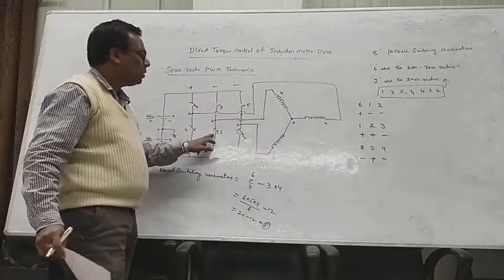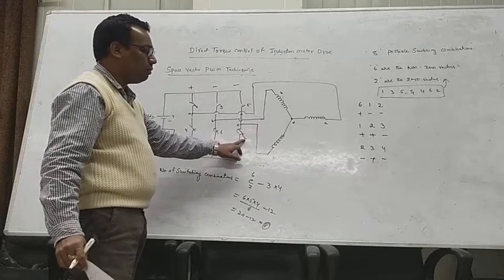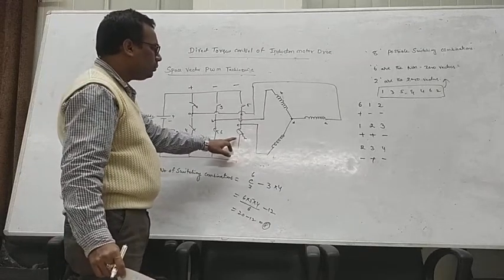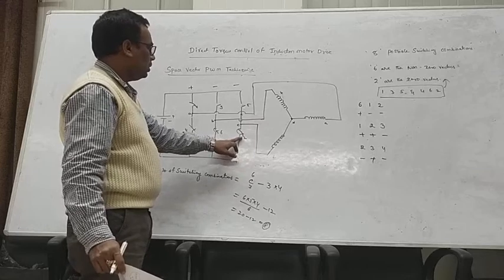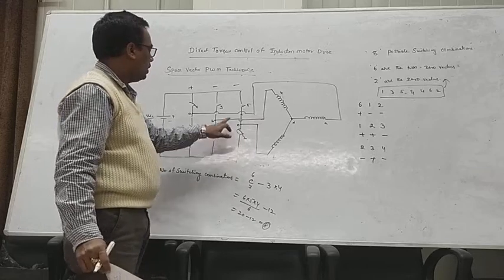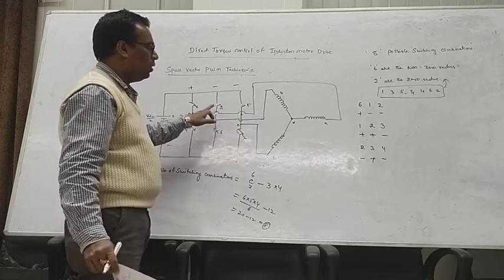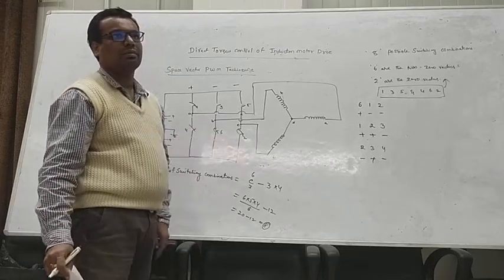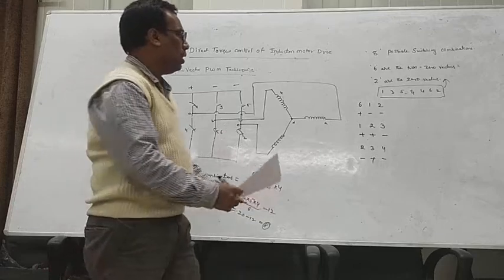So 2 is a bottom switch, 3 is the upper switch, and 4 is also a bottom group. Minus plus minus. So this is one combination.